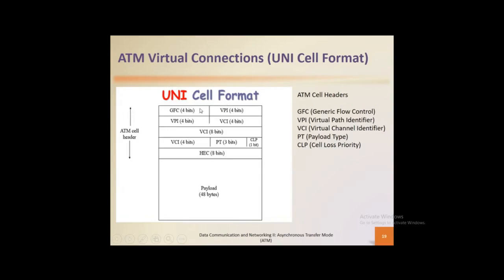The first one within the layout of the header part of the ATM cell format, we have the generic flow control, which has 4 bits.